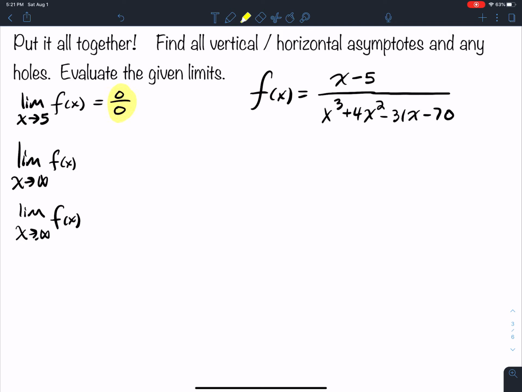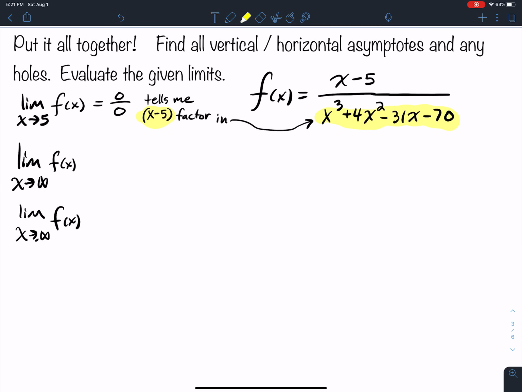So what does this tell me? This 0 over 0 is telling me that there's some x minus 5 factor in here. Okay, so there's a theorem in college algebra that says if we plug in a number and we get out 0, then that tells me that x minus that number is a factor.